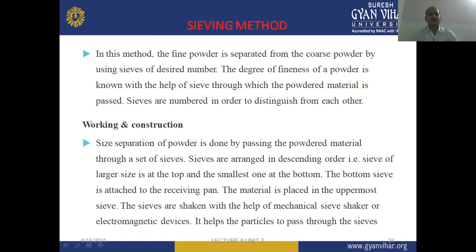Now working and construction. Size separation of a powder is done by passing the powder material through a set of sieves. Sieves are arranged in descending order, meaning on the topmost part we arrange the largest sieve, and then arrange all the sieves in descending order, so the smaller sieve will be at the bottom part of the sieve shaker.